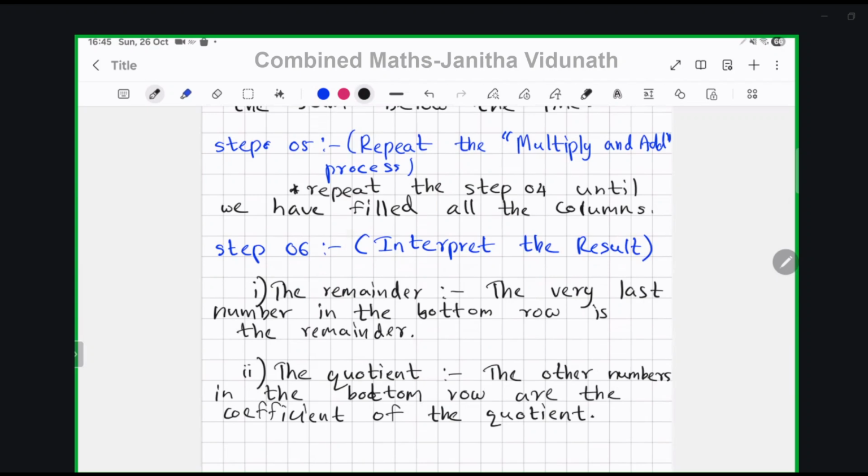The other numbers in the bottom row are the coefficients of the quotient.